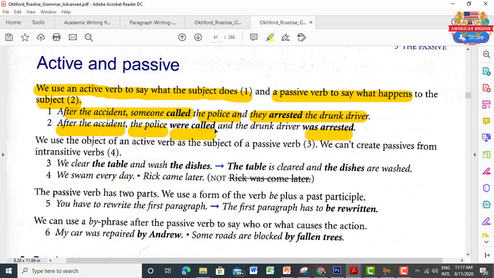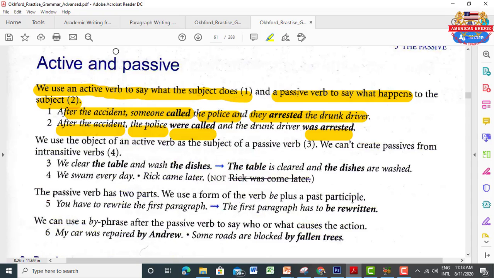We don't mention someone, because someone is just an indefinite subject, so we can omit it. And the drunk driver was arrested. Arrested by whom, everyone? The drunk driver was arrested by the police.